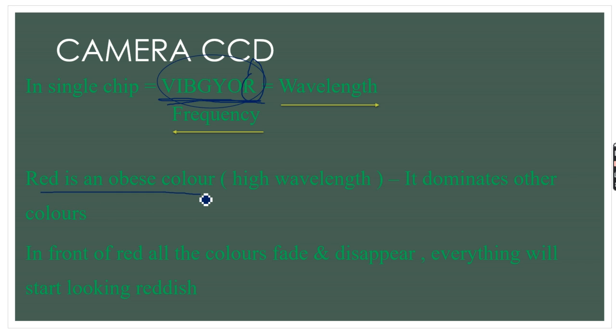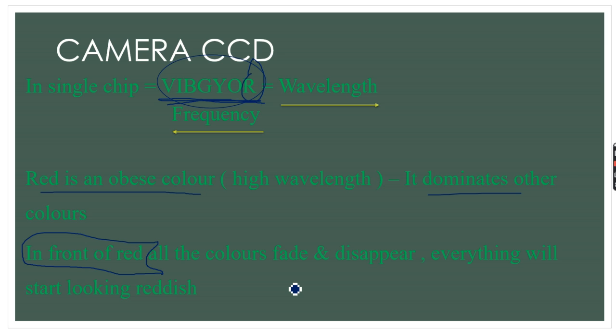If there is a channel through which the colors are supposed to go, the red will block all other colors behind it, and that's why it dominates other colors. In front of red, all the colors fade and disappear, and everything starts looking reddish. And where is the clinical situation where we have red inside a patient? Yes, whenever there is bleeding inside.